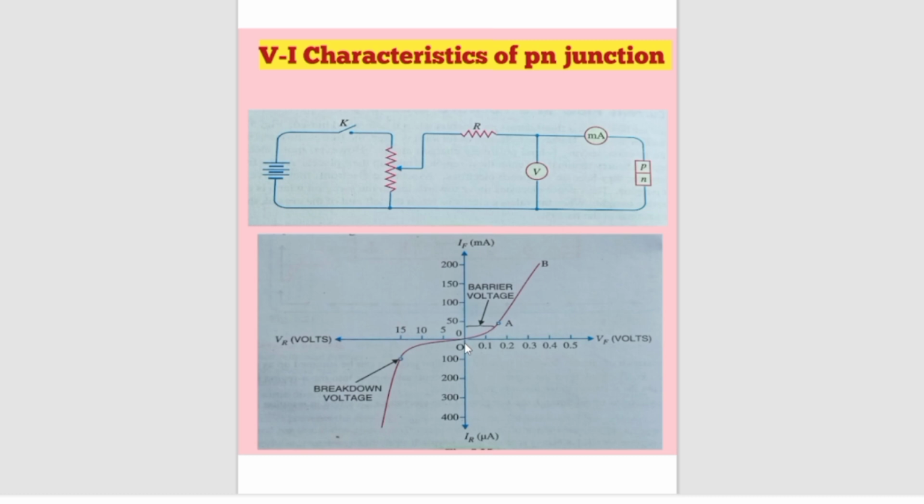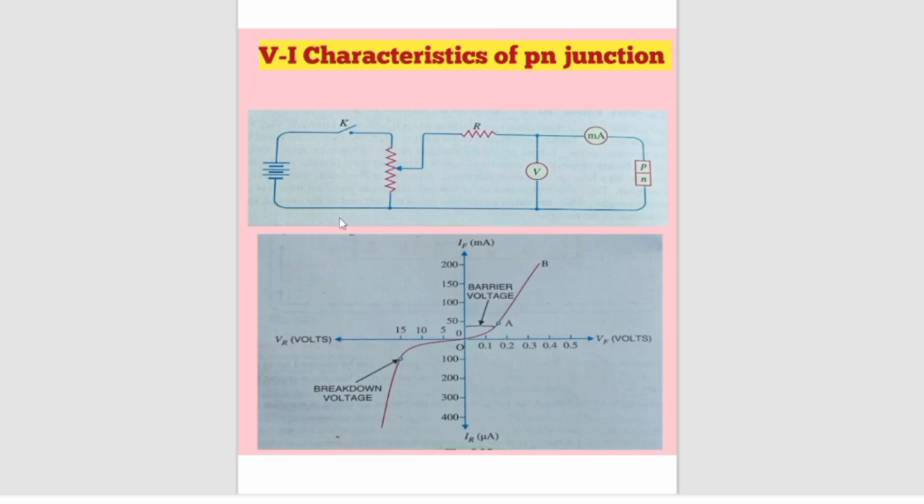Next one, with forward bias. With forward bias to the PN junction, P-type is connected to the positive terminal of the battery and N-type is connected to the negative terminal. So the potential barrier is reduced.